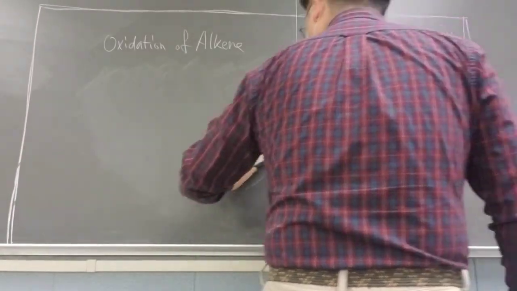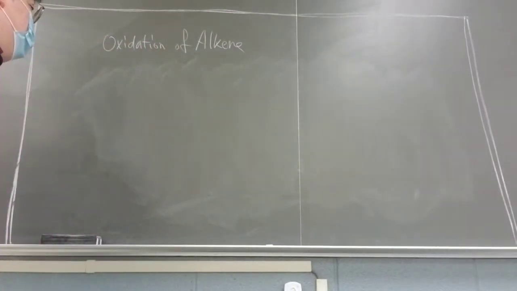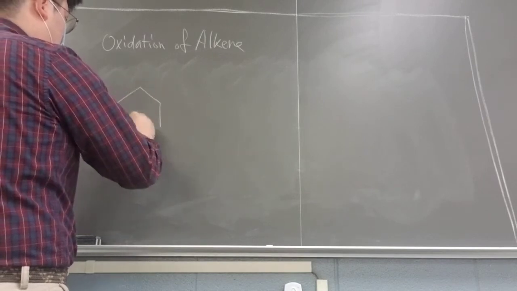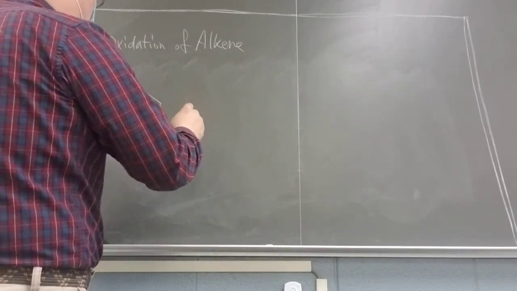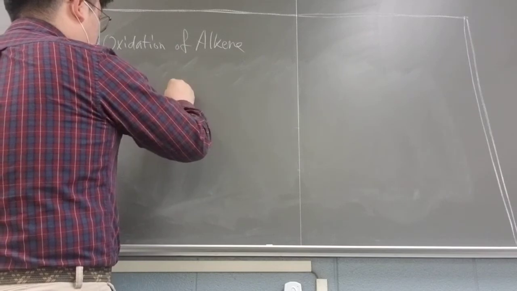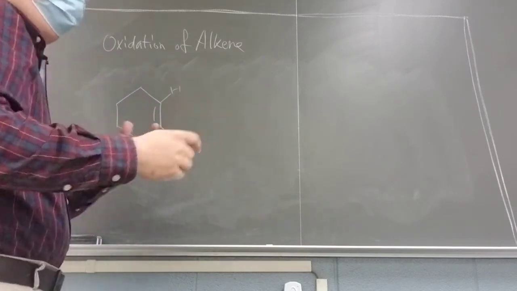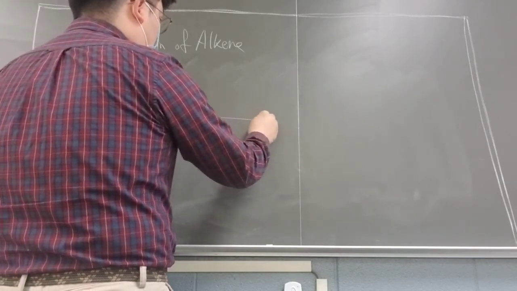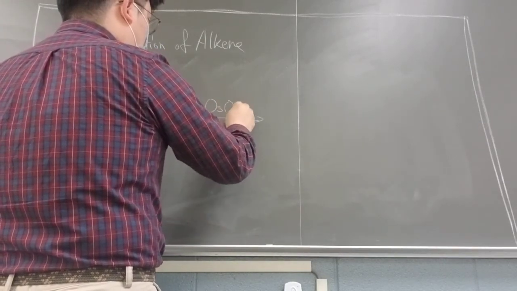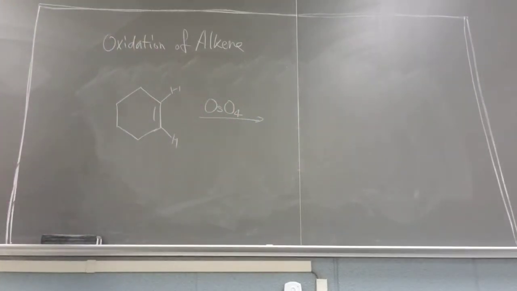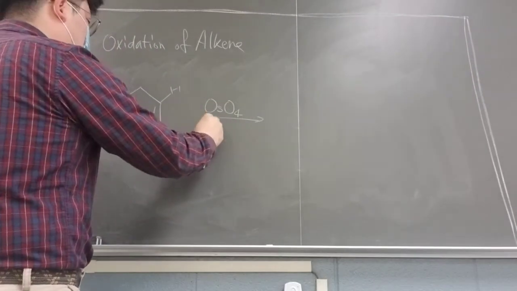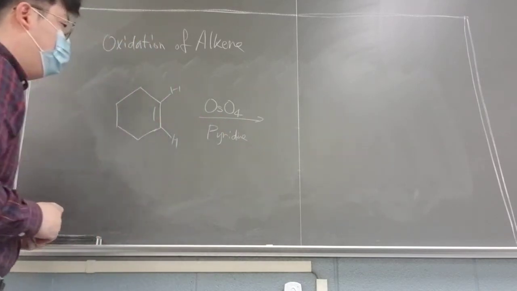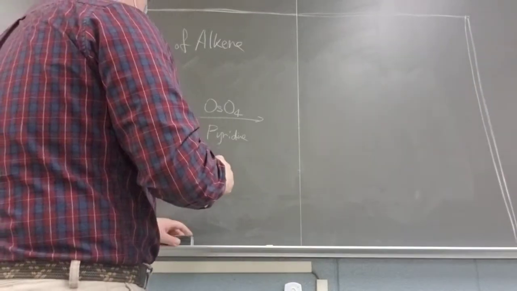All right. So let's do another one from another type of DSM. So what you can do is if you have a alkene, looks like this. You can also have another way to make some diol compounds, but in a different way. We're using osmium tetroxide and pyridine solution over there.